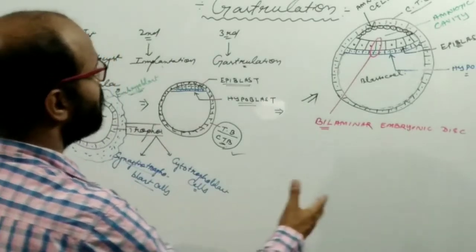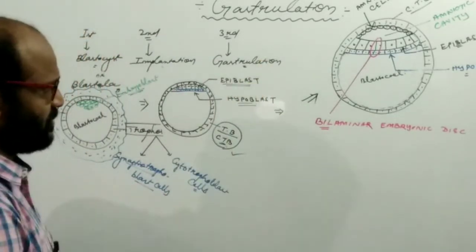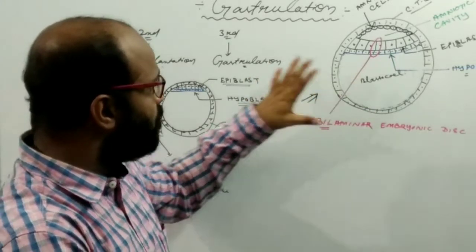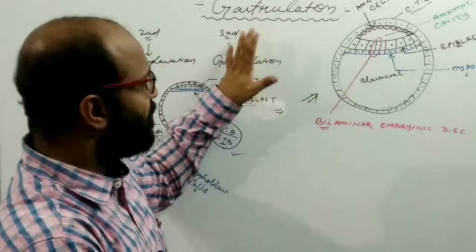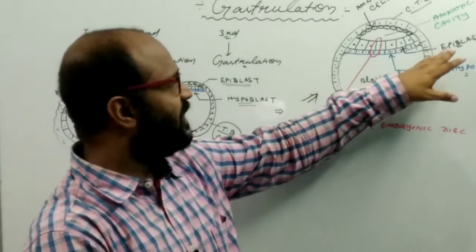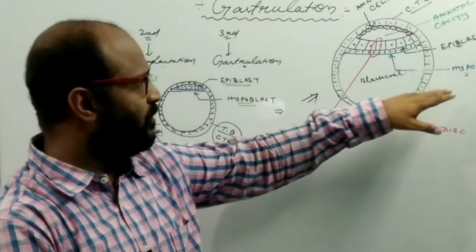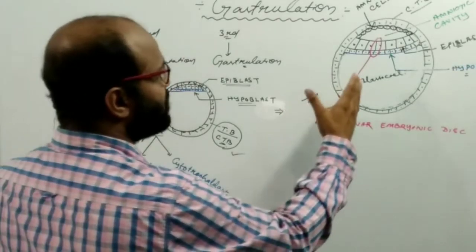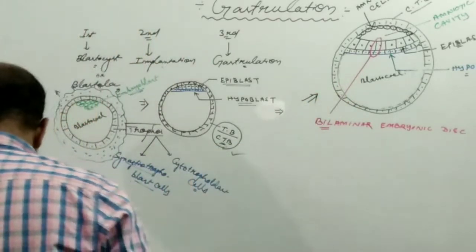Such a process takes place by the movement and divisions of the cells of the epiblast as well as the hypoblast. So let's see how such a process actually takes place.